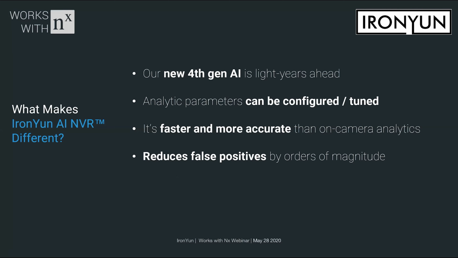For example, if a dog or cat passes by the fence, in a traditional system you get a false alarm because there's motion there. But in IronYun's AI analytics platform, there will be no false alarm in such a case because we know that's a cat and that's a dog. All right, so it's pretty amazing that we're using artificial intelligence to do video analytics nowadays, right?